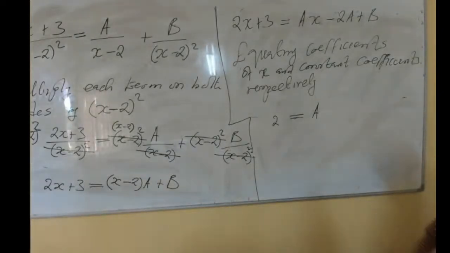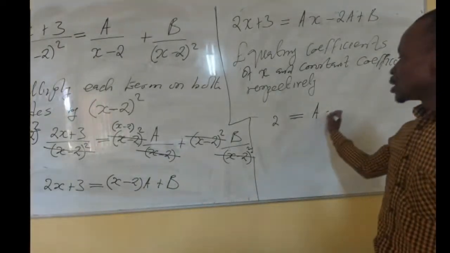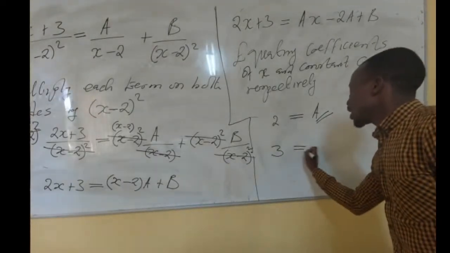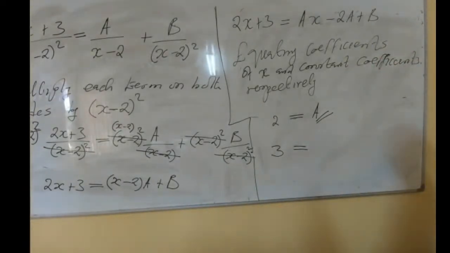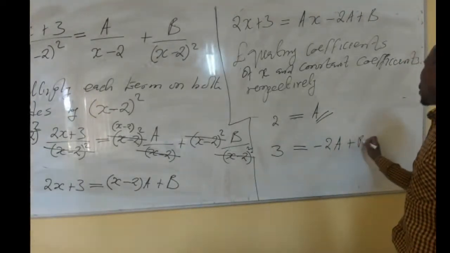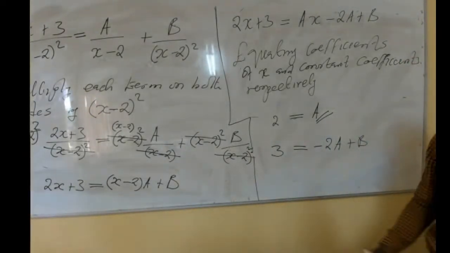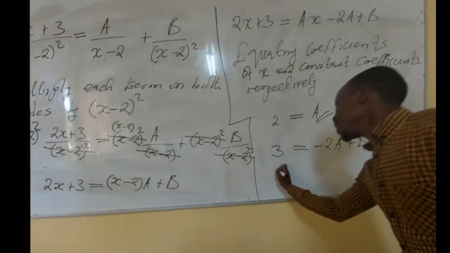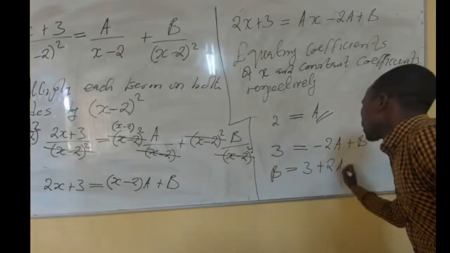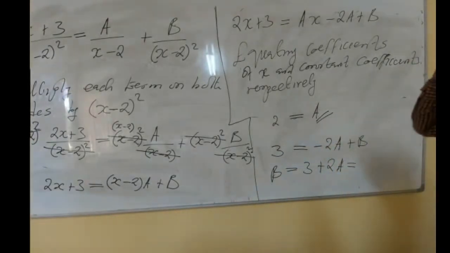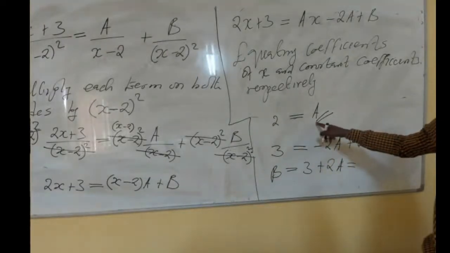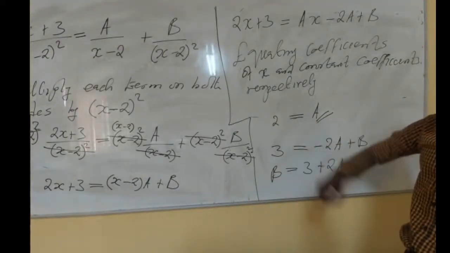Again, on the left hand side, the constant coefficient is 3. On the right hand side, the constant coefficient is negative 2a plus b. Now, this means b is equal to 3 plus 2a, but from the top, from the coefficient of x, we found that a is equal to 2.